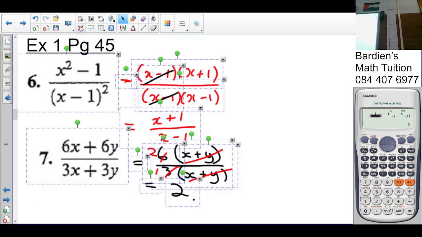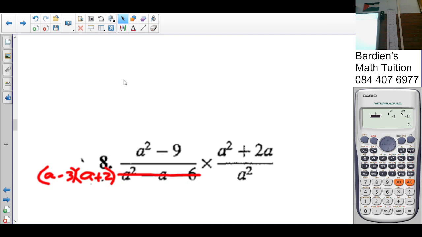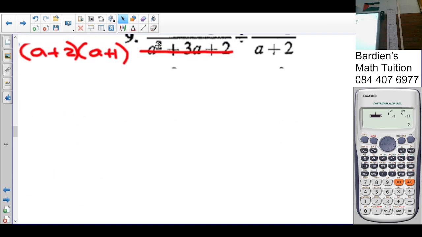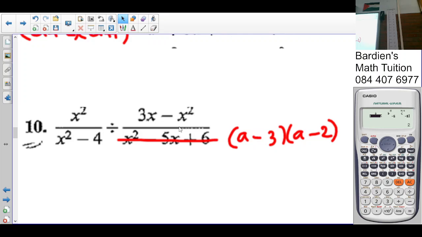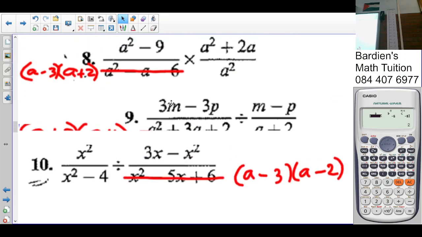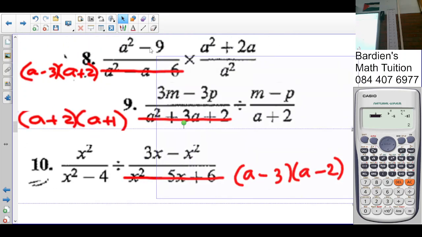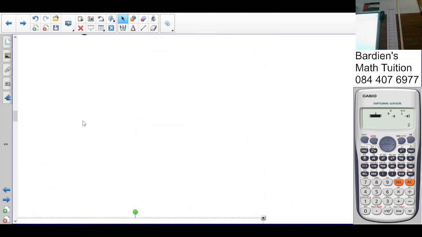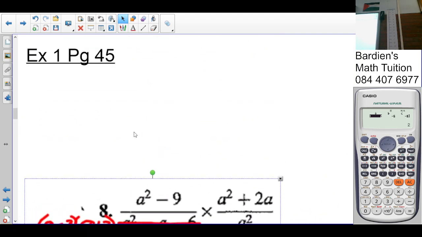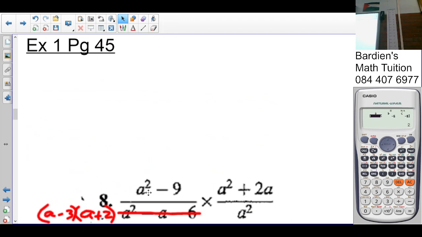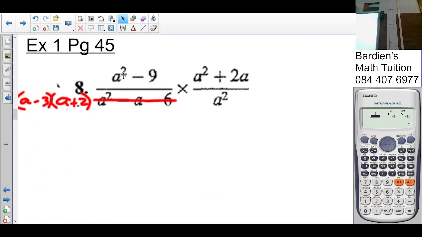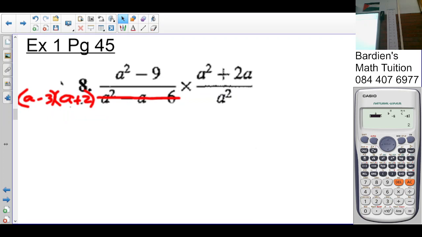Number 8. Remember, we changed that a bit, no? We see that a squared minus a minus 6 can be written as a minus 3, a plus 2. Replace that. Okay?